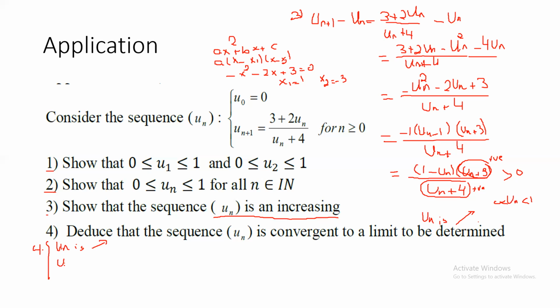UN is bounded from above. ليش ال UN is bounded؟ لأنه عندنا ال UN is between 0 and 1. So UN is bounded.